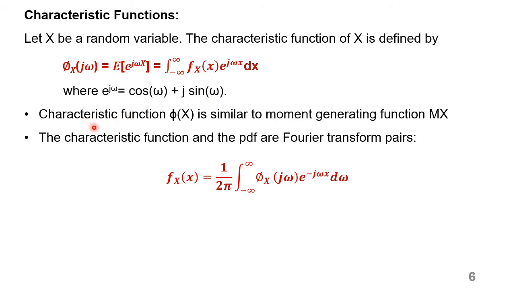The characteristic function phi x is similar to moment generating function mx. The characteristic function and the PDF are Fourier transform pairs. Therefore, we can obtain fx of x, the PDF, as 1 divided by 2 pi integration of characteristic function into e to the power minus j omega x d omega.